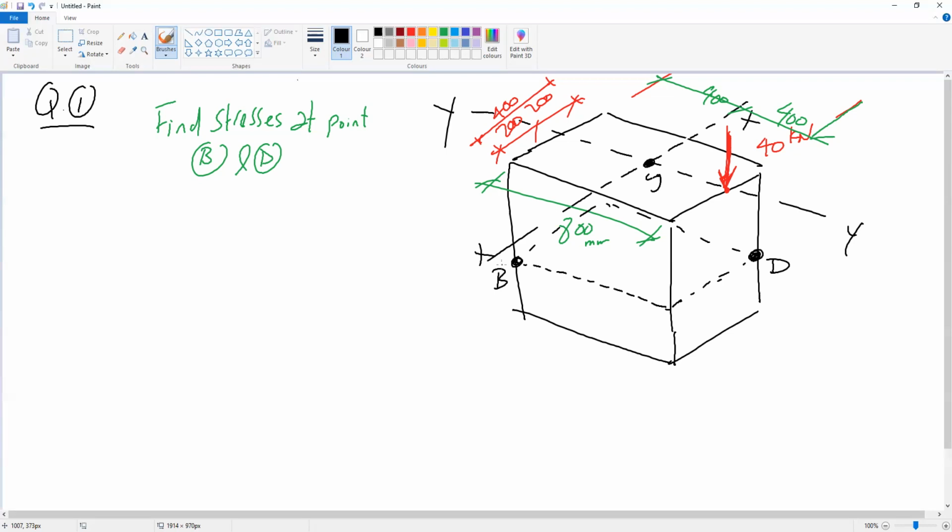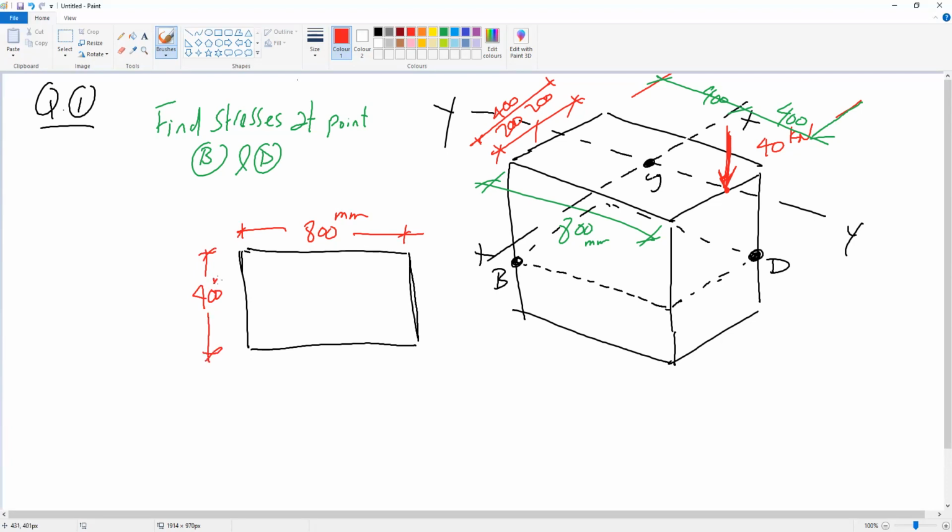If you have a look on this block, you need to simplify this. So if we draw the horizontal projection of this cross section, so this is our cross section, rectangular section. The dimension of this cross section is 800 millimeter times 400 millimeter. This is the axis.